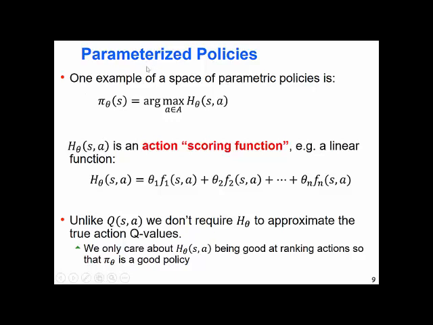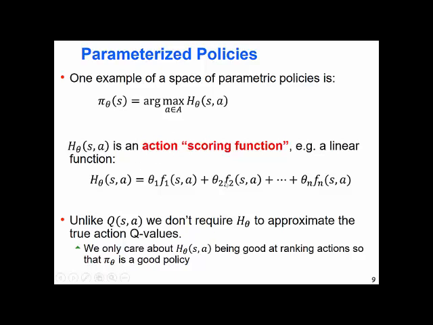So one example, and this is a pretty common policy space. We're going to be modifying this a bit, but this is just showing you some intuition. So this H function, I'm not using Q here. I'm using H because this is what we're going to call a scoring function. So it assigns a score to every action, which may or may not be equal to the value of that action.